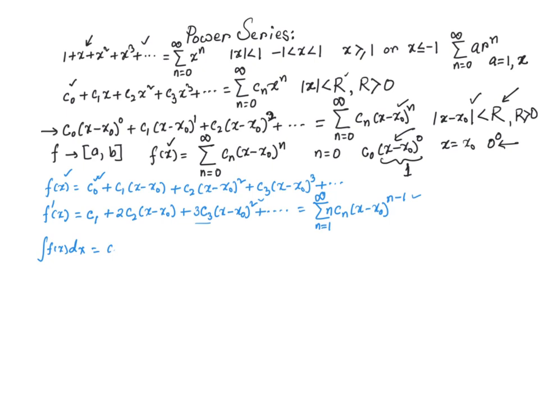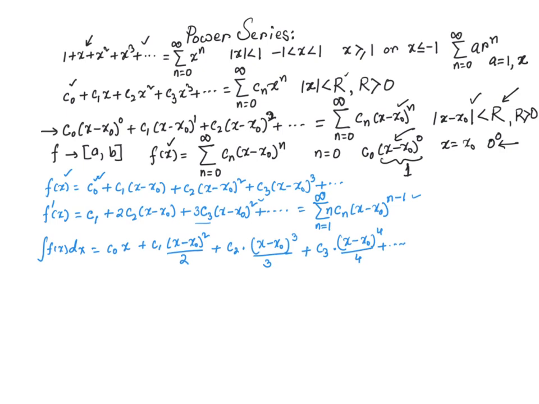So it's going to give you c naught x, plus c1 times (x minus x naught) squared over 2, plus c2 times (x minus x naught) cubed over 3, plus c3 times (x minus x naught) to the power 4 over 4, plus dot dot dot.